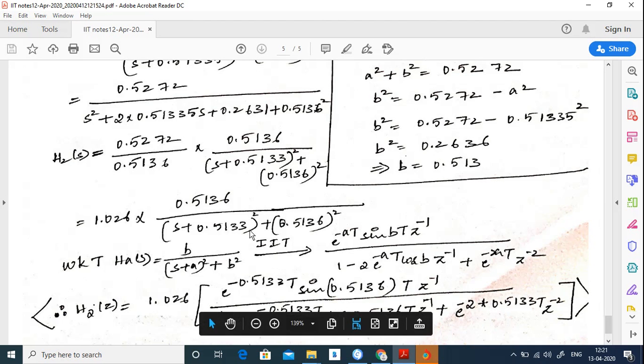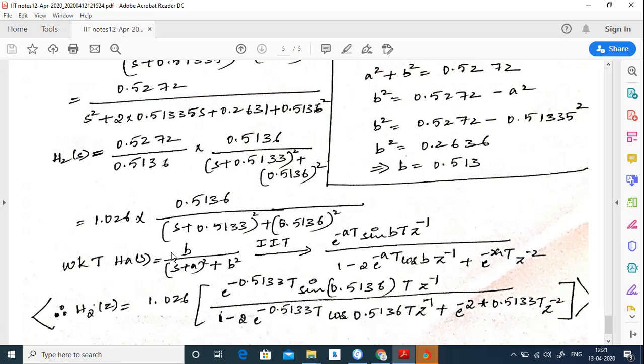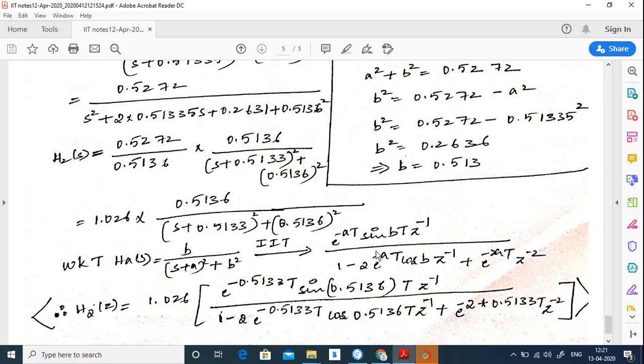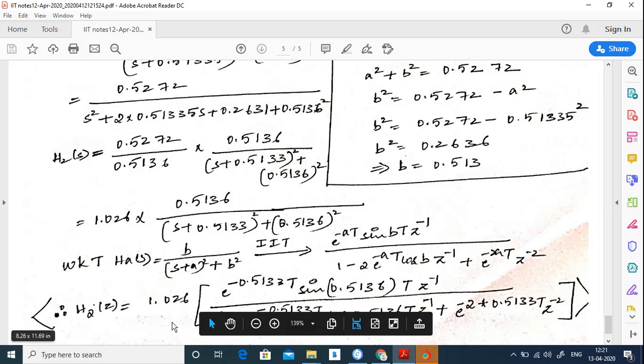If this is the standard expression, after applying the impulse invariant transformation, I'll get this, right? Similarly, if this is the expression, can't we write that in this particular fashion, so that you can convert a transfer function which is in the S domain to the Z domain? Yes, of course, I did the same. This constant, I'll keep it as it is. Compare this with this, you'll get the value of a and b.